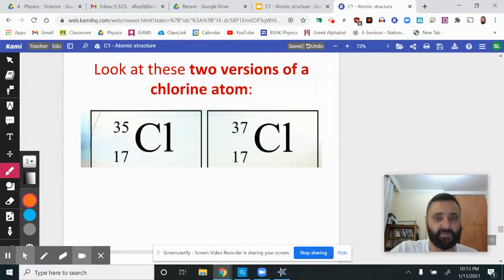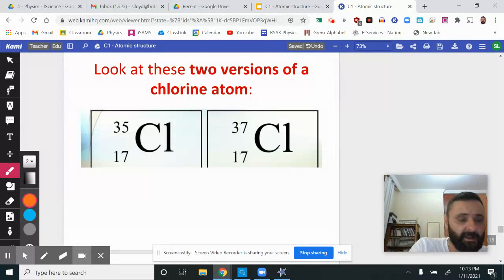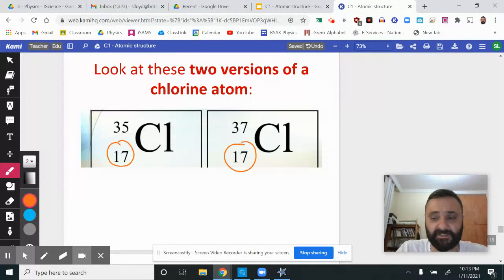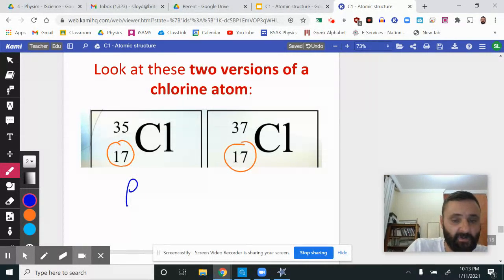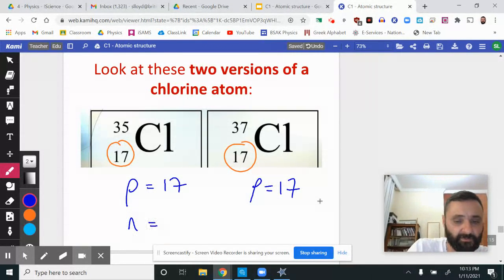Now let's have a look at this example. These are 2 isotopes of Cl, chlorine. Because both have an atomic number of 17, they're both chlorine. They've both got 17 protons. Forget about the electrons. What about the neutrons?